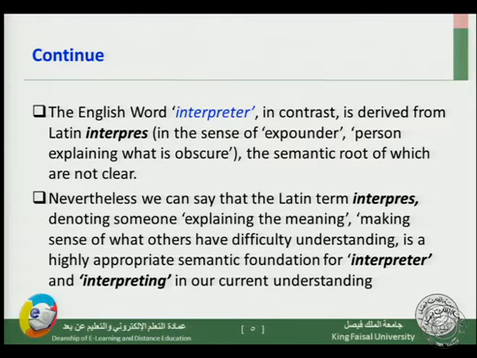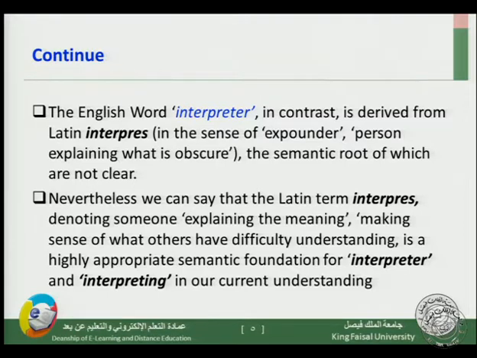Now there is another point. The Latin term interpres means explaining the meaning. So another meaning of interpres is to explain the meaning. Making sense of what others have difficulty understanding is a highly appropriate semantic foundation for interpreter and interpreting in our current understanding.